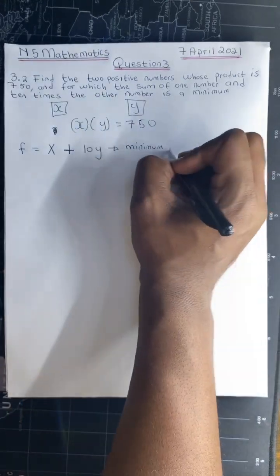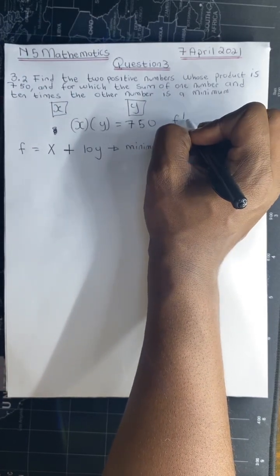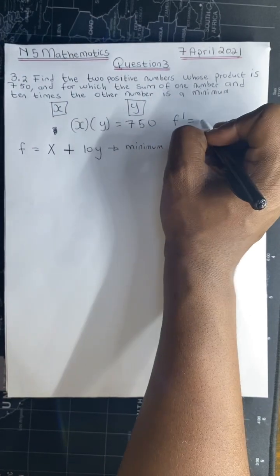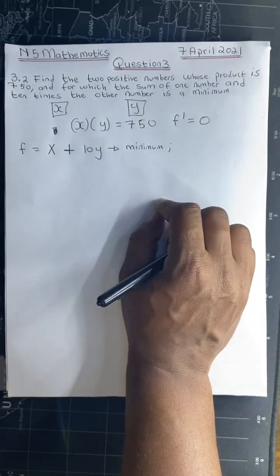When they say minimum, it means that when we differentiate f, we should equate it to 0. So when we equate it to 0, we will get our minimum.